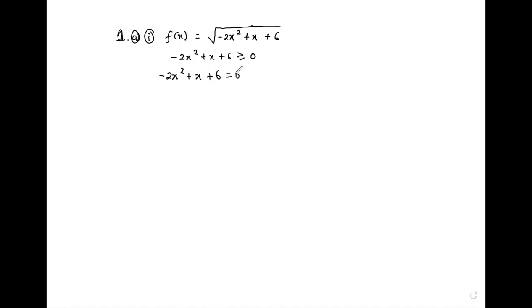So we say, okay, this quadratic, can we find the product? -2 times 6, that's -12. What about the sum? The sum is +1. So can we find the factors? I think we have 4 and -3. So we can write this as -2x squared plus 4x minus 3x plus 6 is equal to 0.